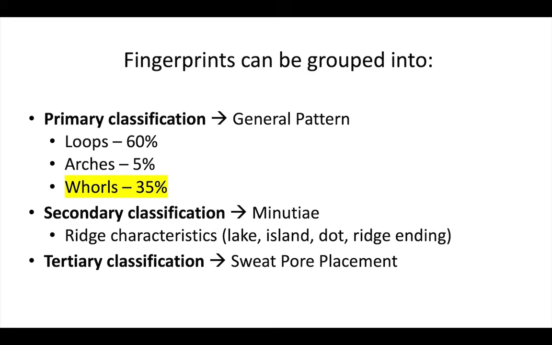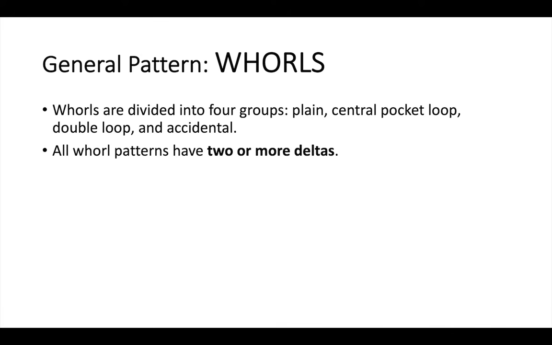With whorls now, there are 4 different kinds of whorls. You have plain whorls, central pocket loop whorls, double loop whorls, and accidental whorls. Well, let's start with deltas. At least how many deltas do you have in whorls?